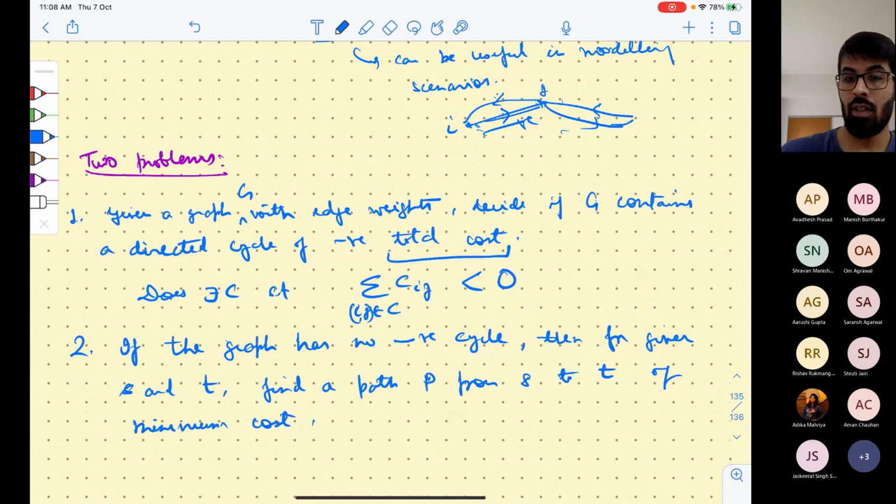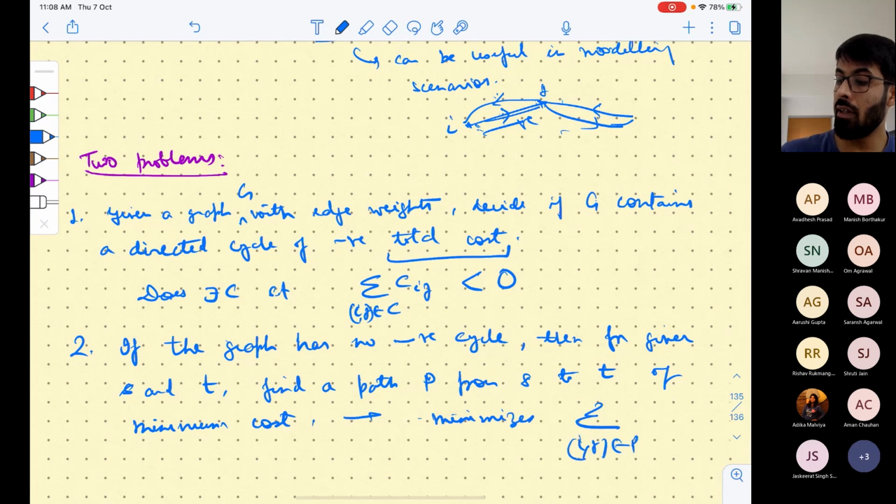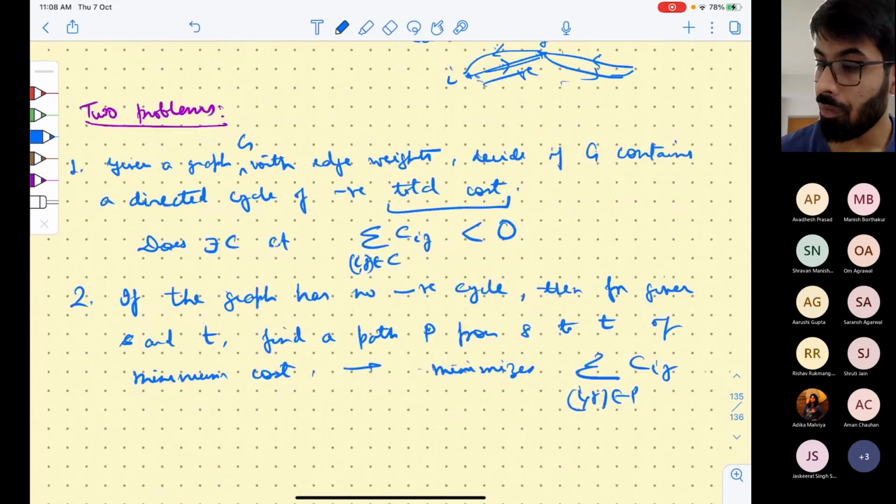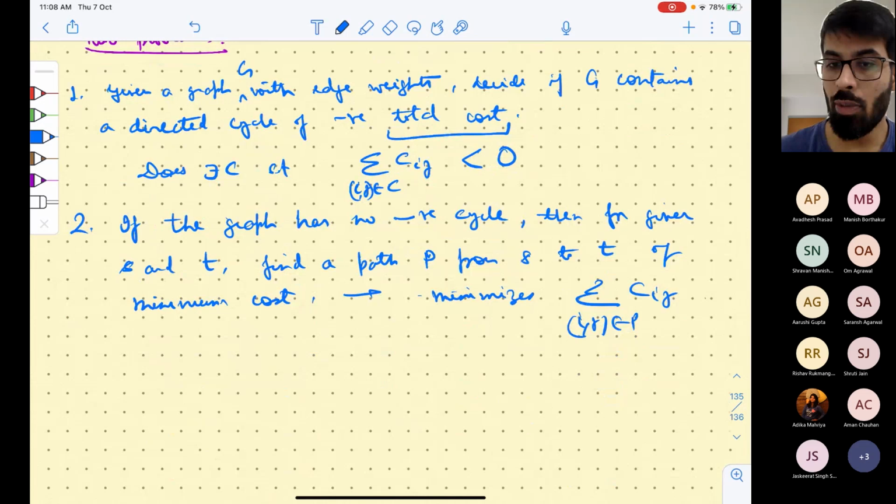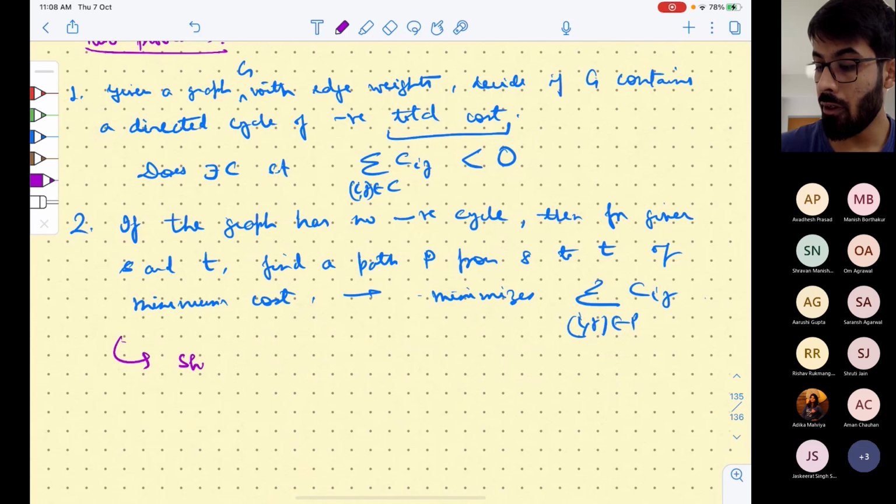That is, one that minimizes the summation of Cij over ij belonging to P. So are the problems clear? This is called the shortest path problem or minimum cost path problem.